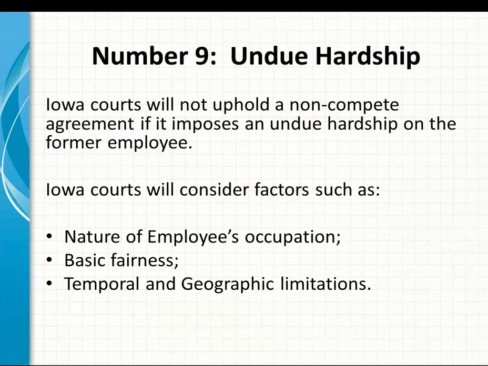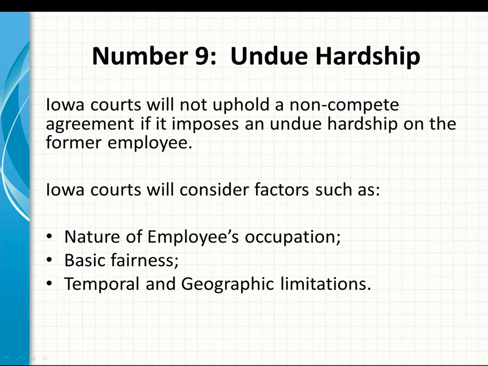The ninth item you need to focus on, and this goes back to the second prong of Iowa's balancing test, is whether the non-compete agreement imposes an undue hardship on the former employee. To determine whether there's an undue hardship, the courts are going to look at those factors that we just examined, the temporal and geographic limitations, as well as the nature of the employee's occupation.